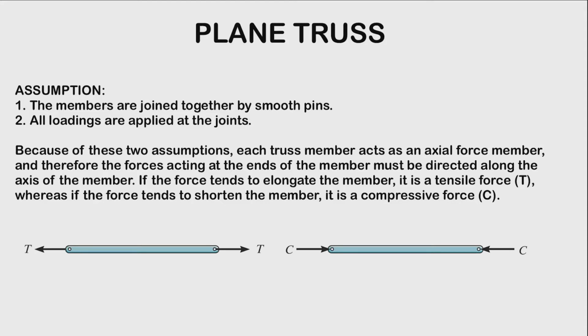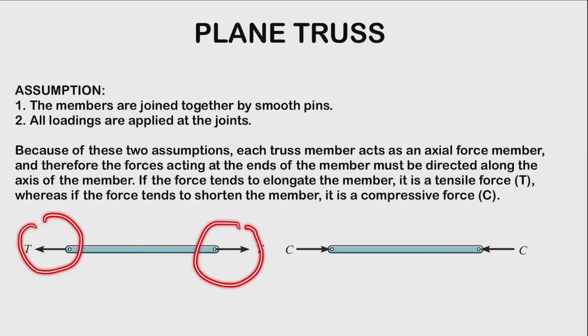Now, if we look back in our previous lectures, we'd know that in order for us to classify a member to be a two-force member, there must only be two forces acting at two different locations on our member, and these two forces must be equal to each other, they must be acting opposite each other, and they must be collinear.